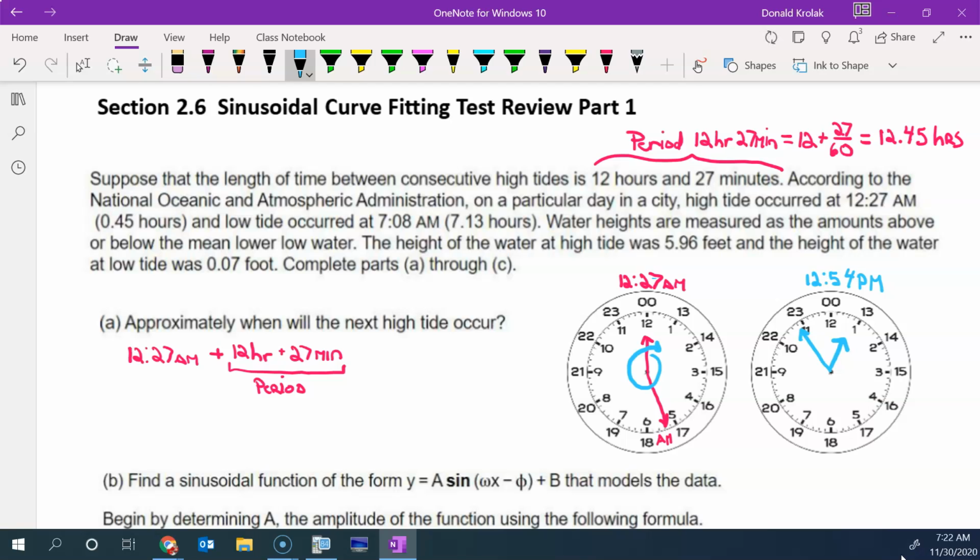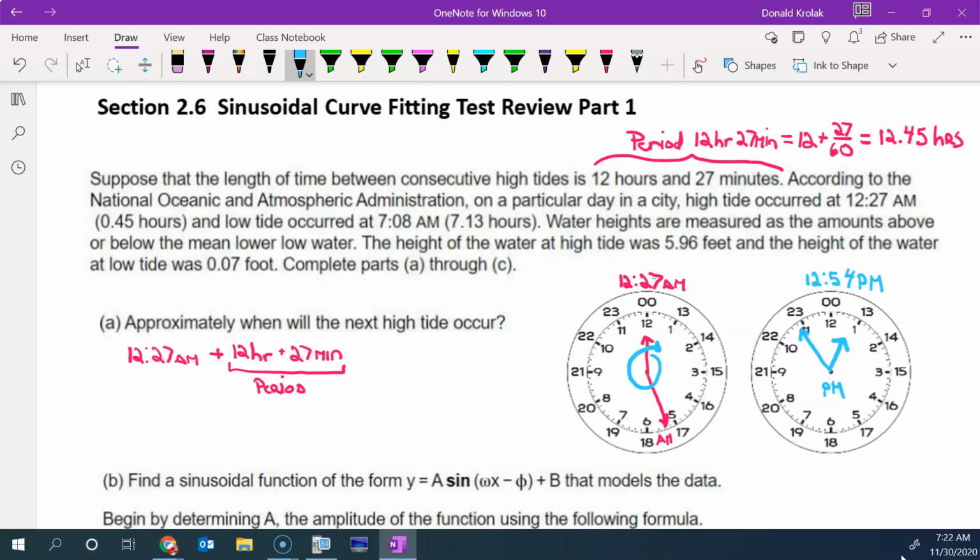Okay. Any questions on how I'm getting that? 12 plus 12, and then 27 plus 27. So that's pretty straightforward.